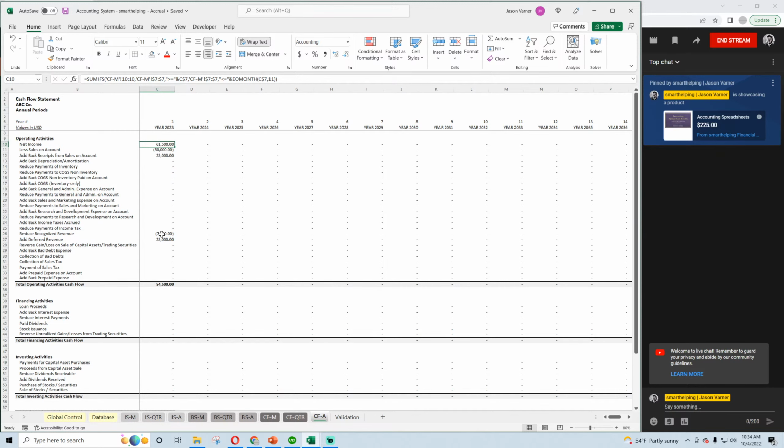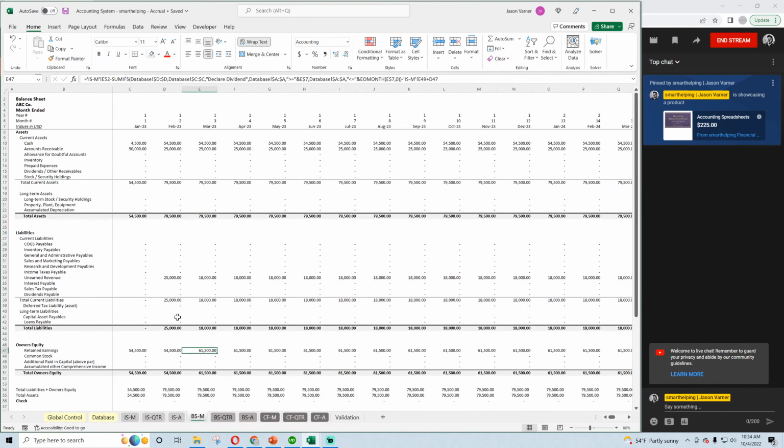So to not double count it, we have to reduce that out. So there's no cash effect happening here. All that's happening when we recognize that revenue is retained earnings is going up, liabilities is going down. And remember, assets always equal liabilities plus owner's equity. So that balances. Okay. So that's good.